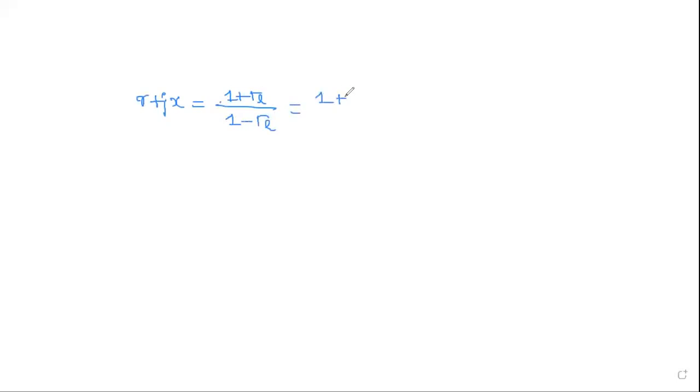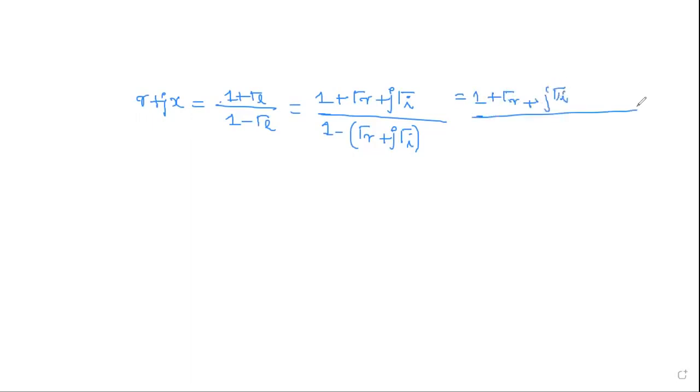For gamma L, we have substituted it as gamma R plus j gamma I. Similarly, the denominator is 1 minus gamma R plus j gamma I, which we split and write as 1 plus gamma R plus j gamma I divided by 1 minus gamma R minus j gamma I. So this is the term which we have got.